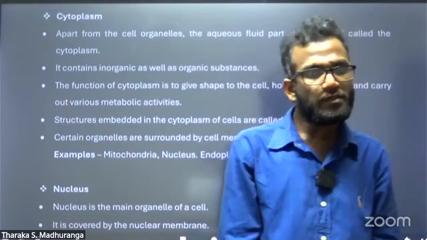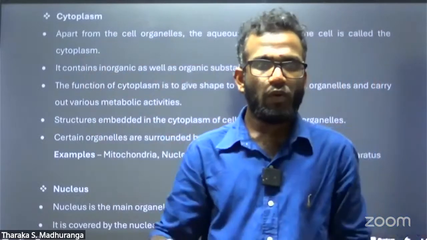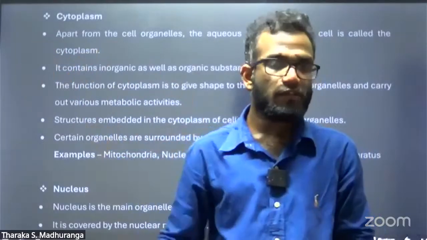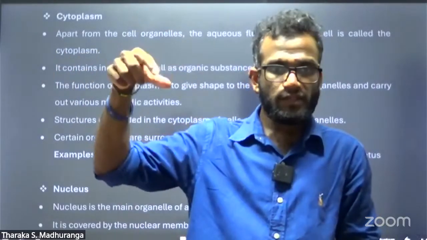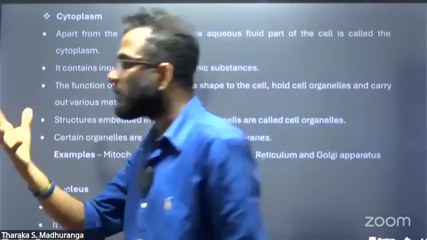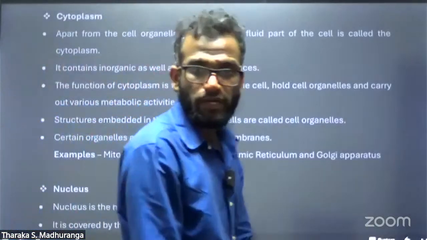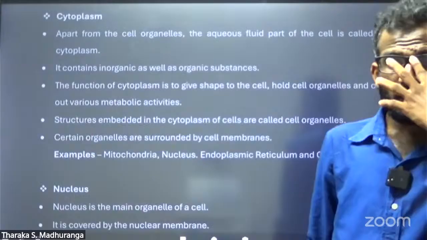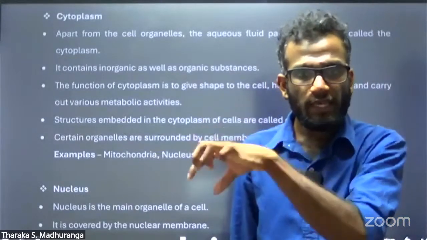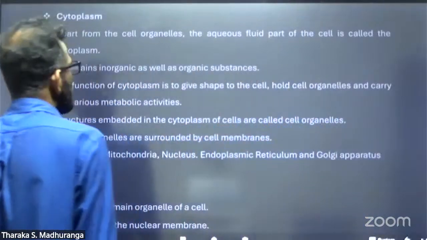The cytoplasm also keeps each and every organelle in its correct place without moving. In the gel, it gives some space for other organelles like the nucleus and mitochondria. They are placed and kept in the correct positions by the cytoplasm.